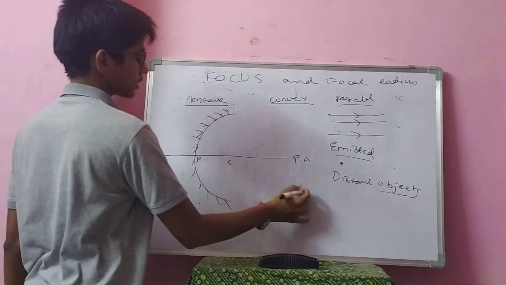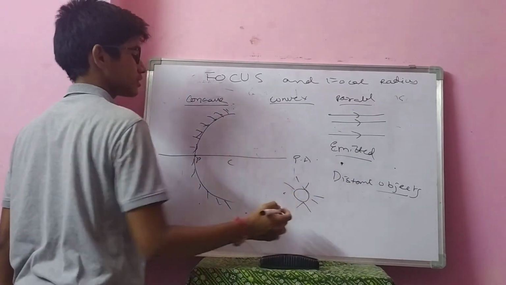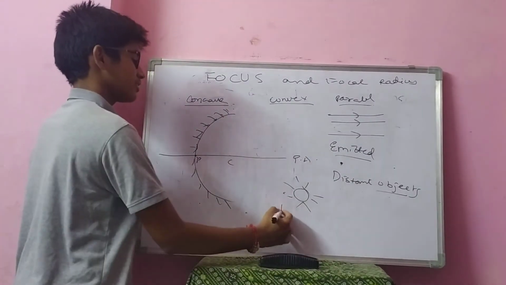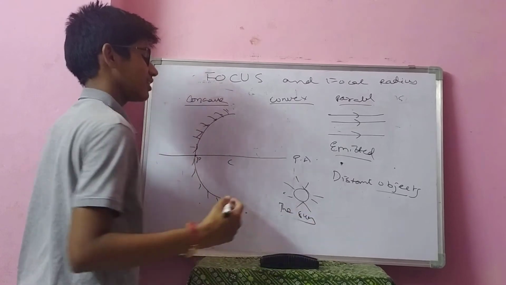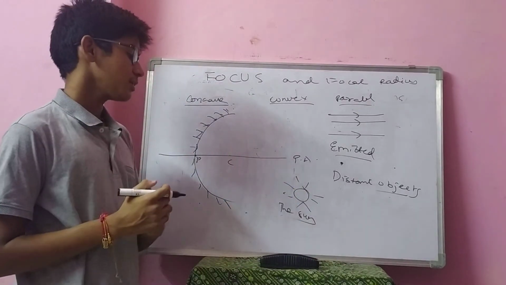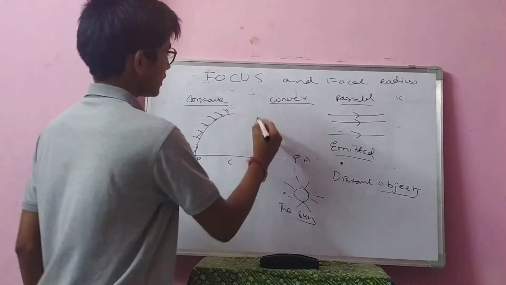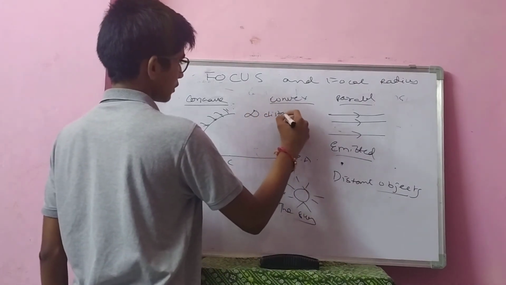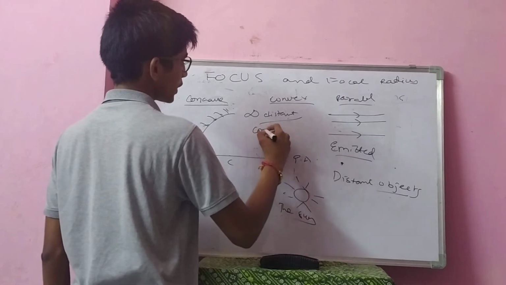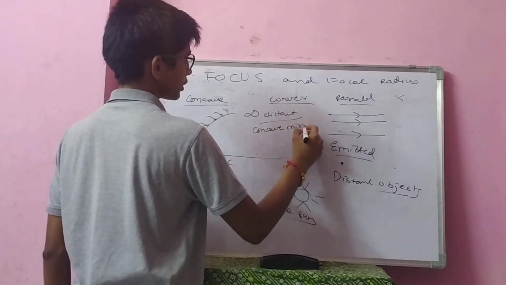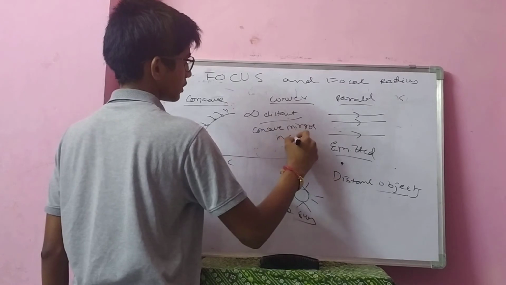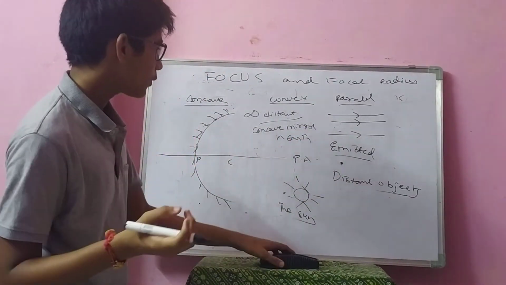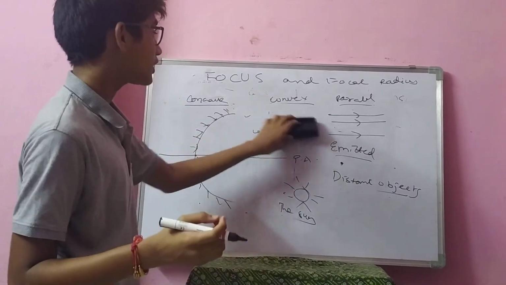If you consider the sun, because there is only a single sun in our solar system, the sun is infinitely distant when compared to a concave mirror on Earth, right? A concave mirror is very small when compared to the sun. So it appears to be at infinite distance.